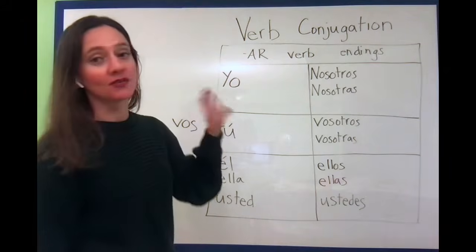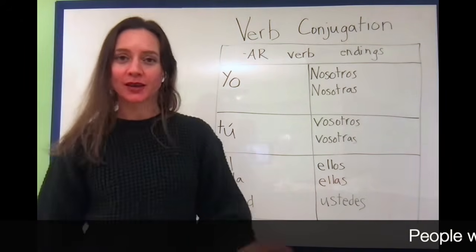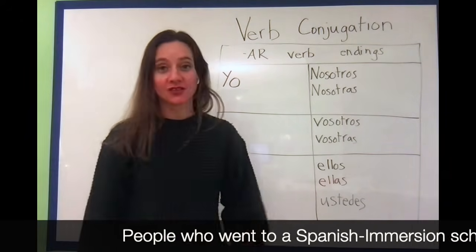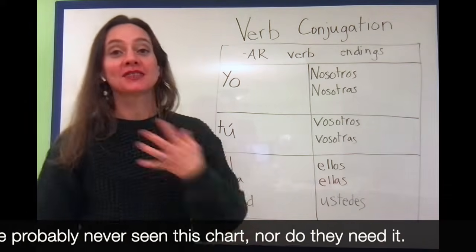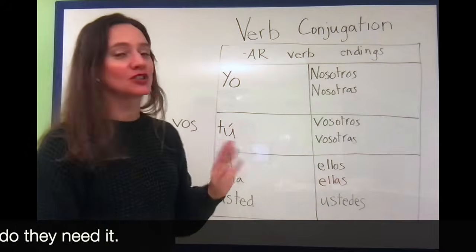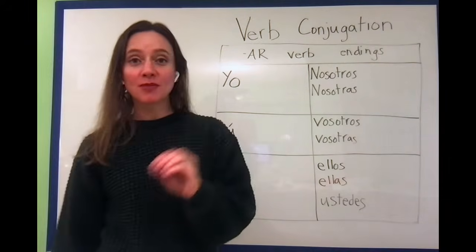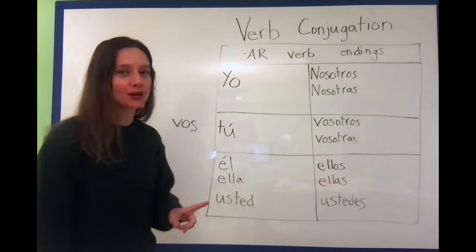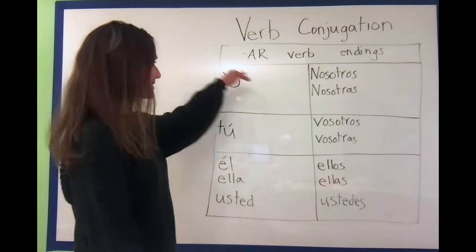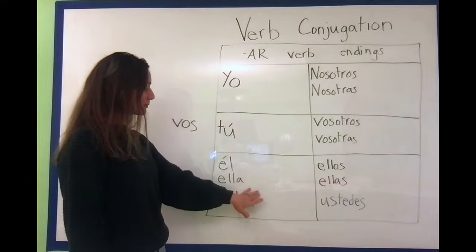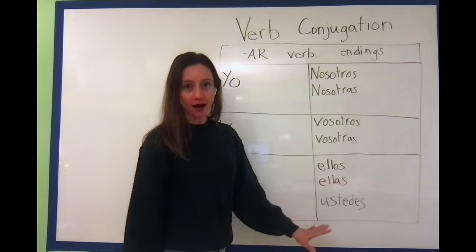Here is the verb chart. If you talk to a native Spanish speaker, they maybe have never seen this chart before, and they don't need this chart. This chart just helps us know how to use the language. If you remember the lesson about subject pronouns in Spanish, this will look very familiar to you. Because again, we have here the subject pronouns in a box.